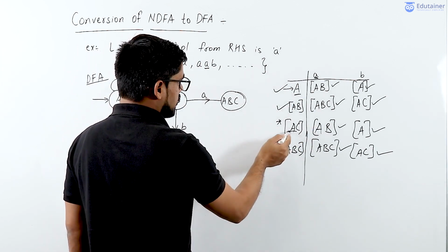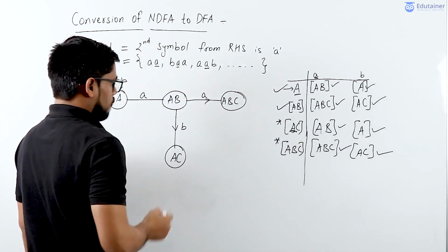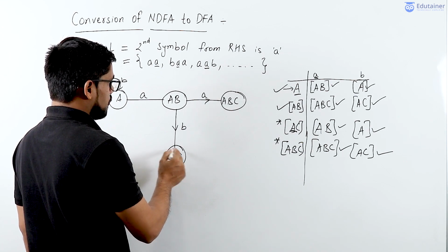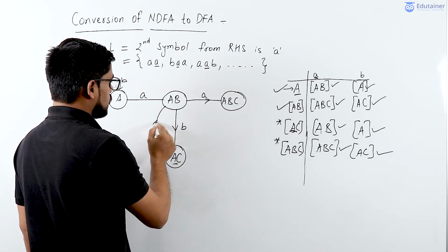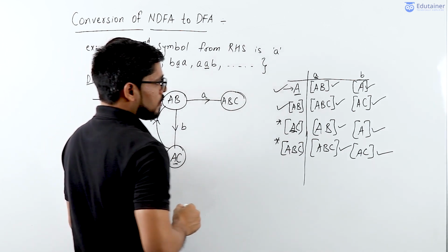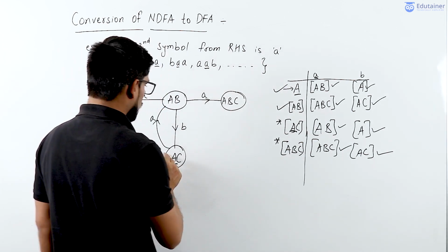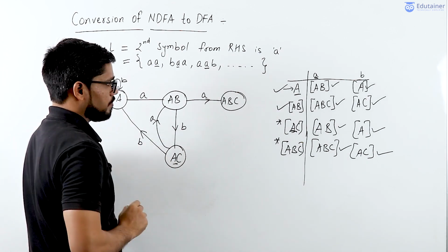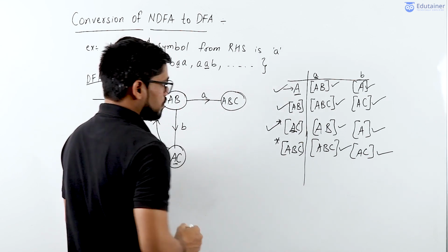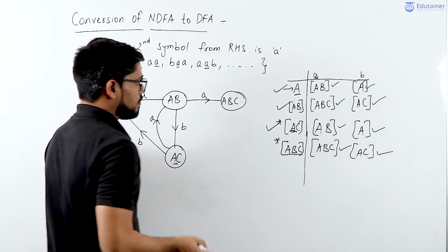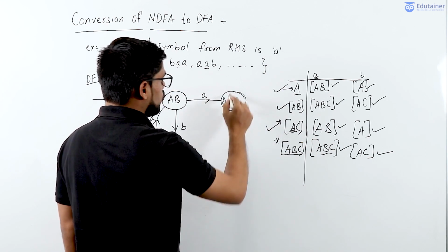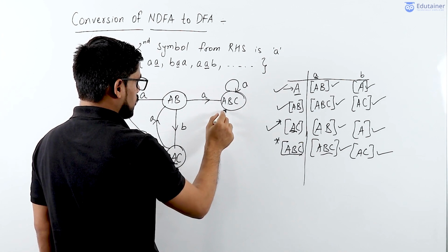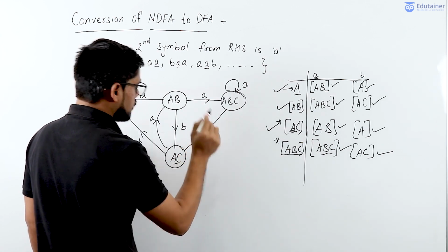Now capital AC on a small a will go to state capital AB, and on a small b it will go to the state capital A. This is also over. Capital ABC state on seeing a small a will go to capital ABC itself, and on a small b it will go to capital AC state.